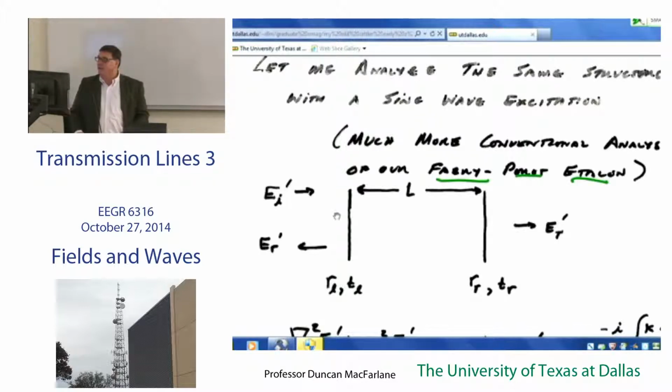Fabry-Perot etalon. Okay, and in this Fabry-Perot etalon, I have a mirror with a reflectivity and transmission on the left side, and reflection and transmission on the right side. It's two mirrors spaced L apart, or one transmission line that's improperly terminated. That's another point.